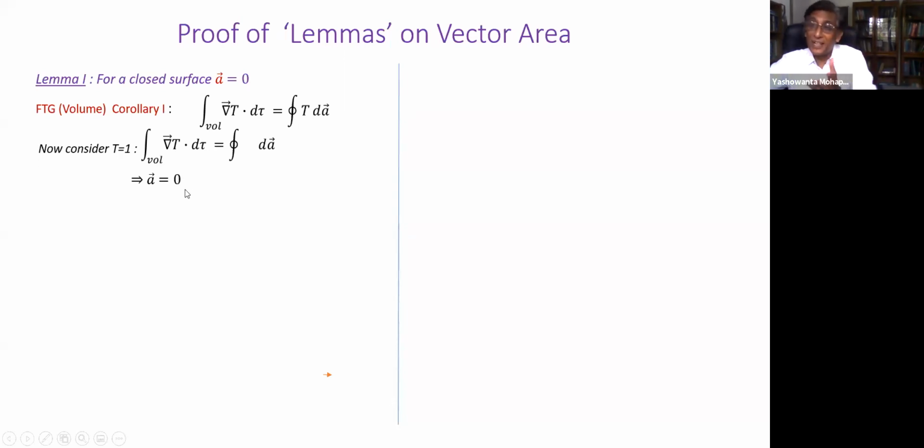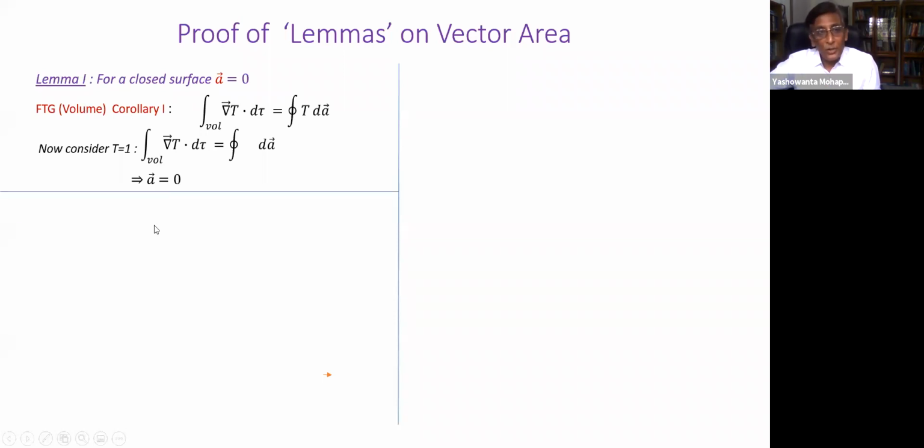Of course, physically, I think you have a feel for it. Take any vector and go around the whole surface, and of course it will come out to be 0. But I can use corollary 1, and then it is obvious.